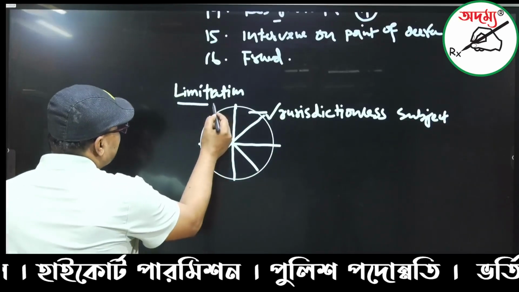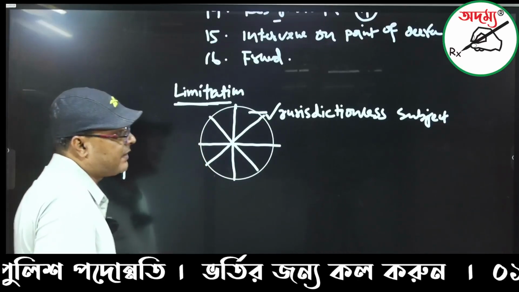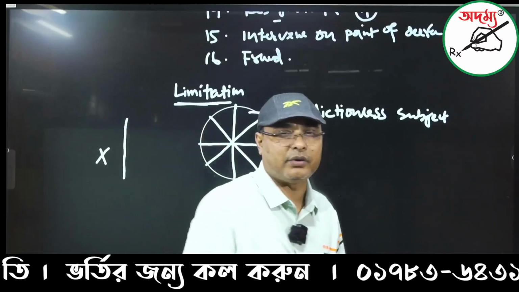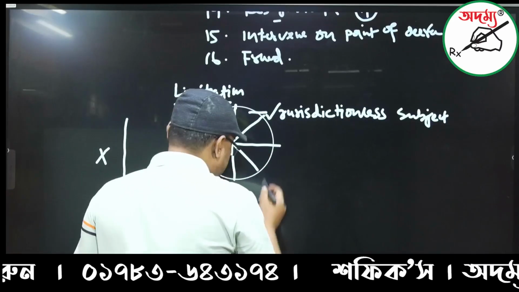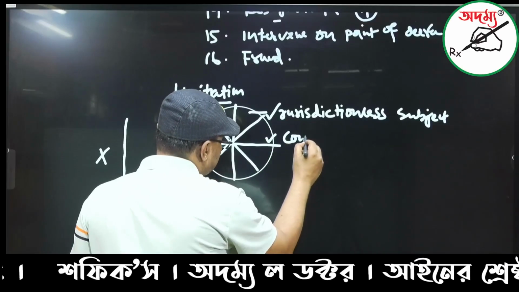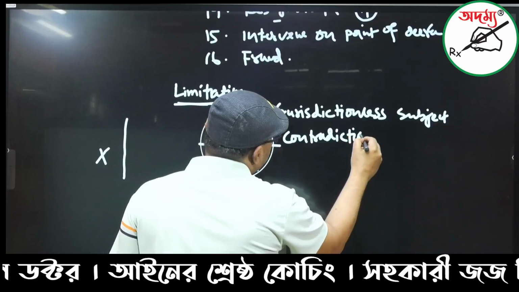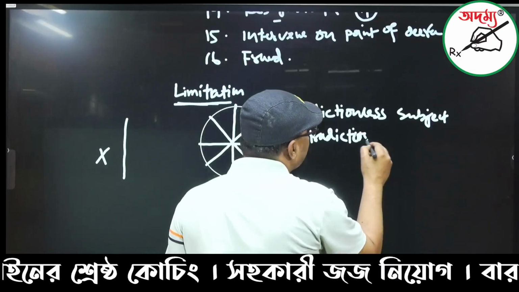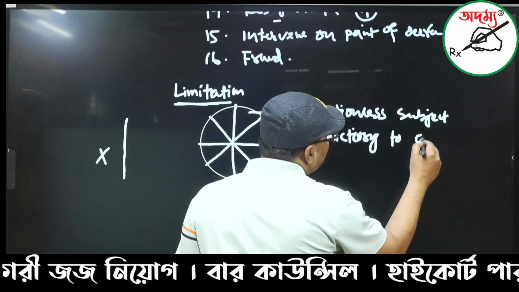If there is an existing power at that time, there is no option to deal with this very aspect through the inherent power of the court. And number two, this is contradictory to general principles.